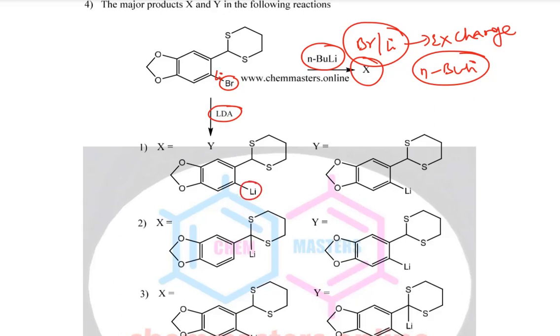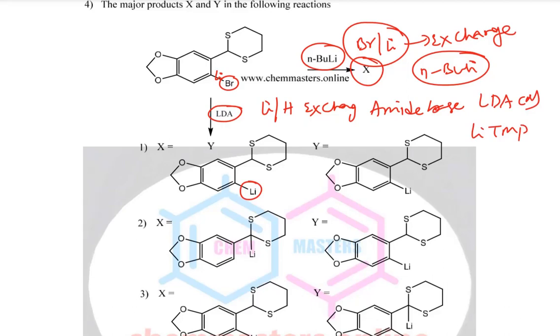And in the next case, lithium diisopropylamide. Here, lithium-hydrogen exchange. Whenever amide bases like LDA or lithium TMP are used, lithium-hydrogen exchange can be seen, but not bromine-lithium exchange. Just note these important points.